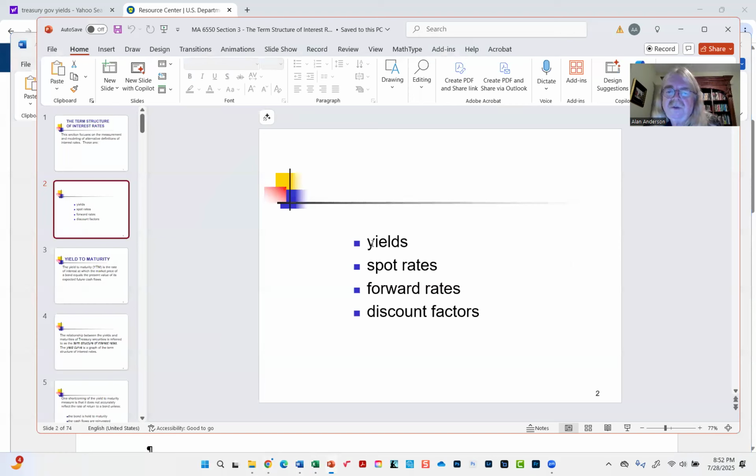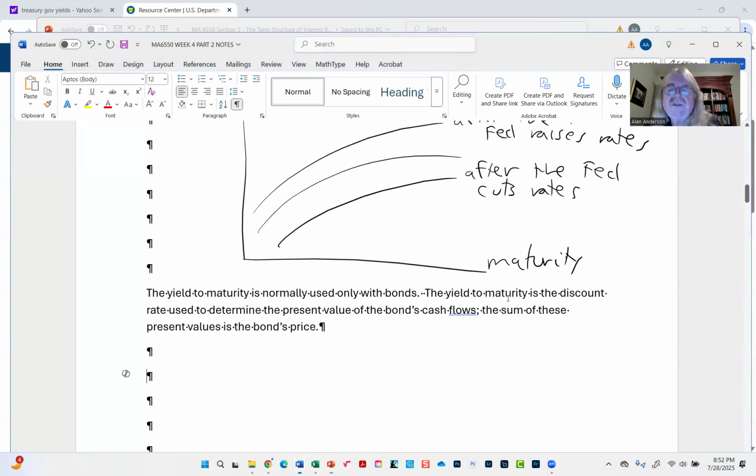These are the four. Let me just copy these. By the way, I do want to mention in passing that the yield to maturity is not exactly the return to the bondholder, but it's close.